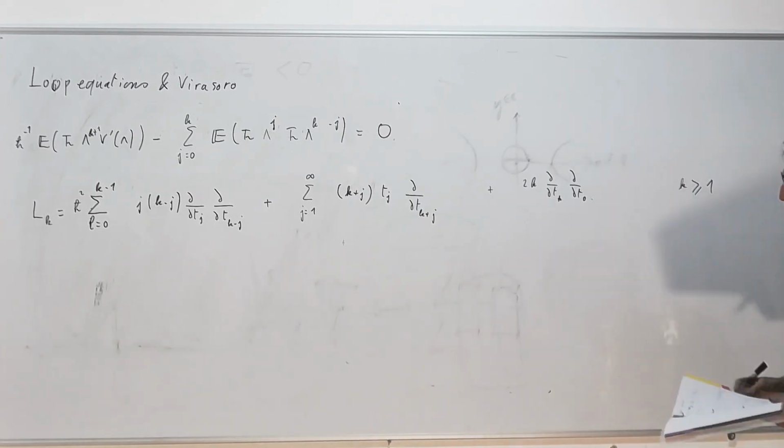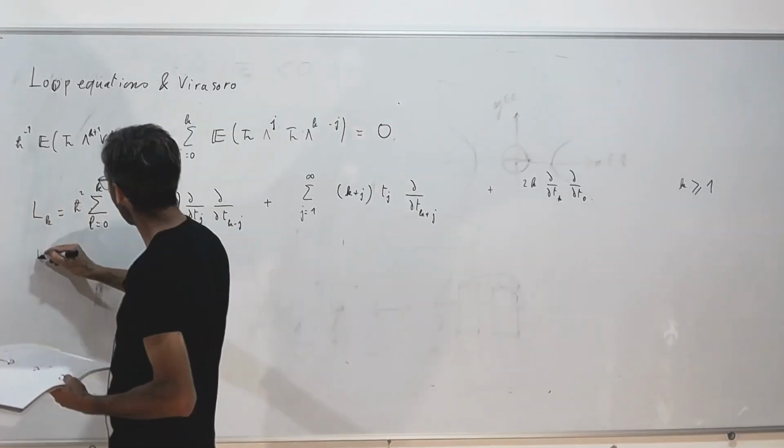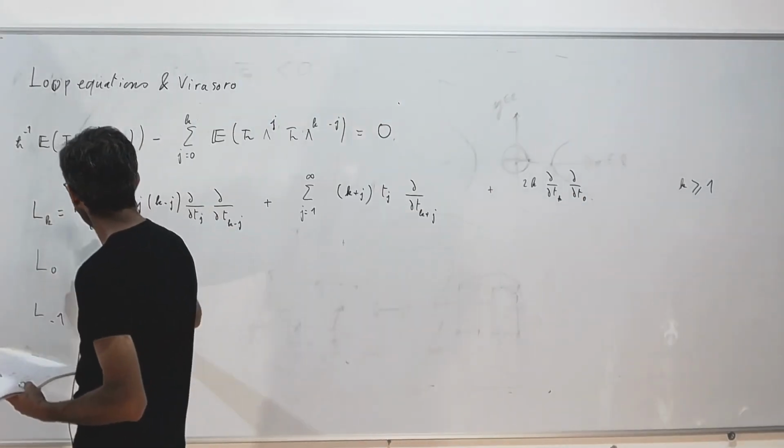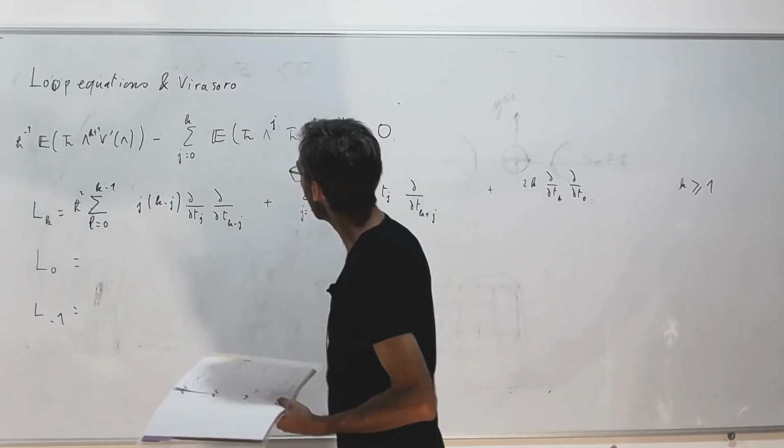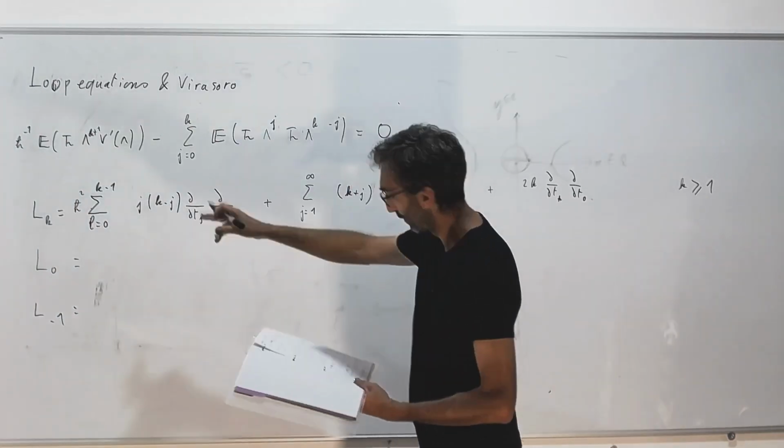There is a similar formula for L0 and L minus 1, which is just a way to solve the issue of the bonds.